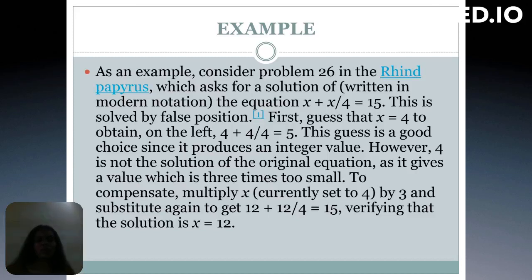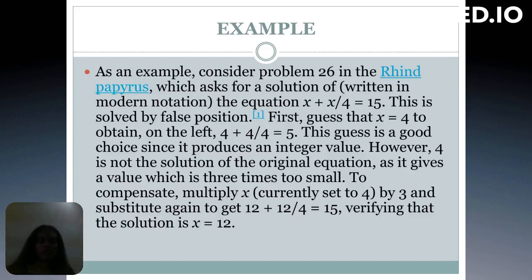The example for the regula falsi method is given here, where it's an equation x plus x divided by 4 equals 15. First, this is solved by the regula falsi method, where the first case is that x equals 4, which means 4 plus 4 divided by 4 equals 5.